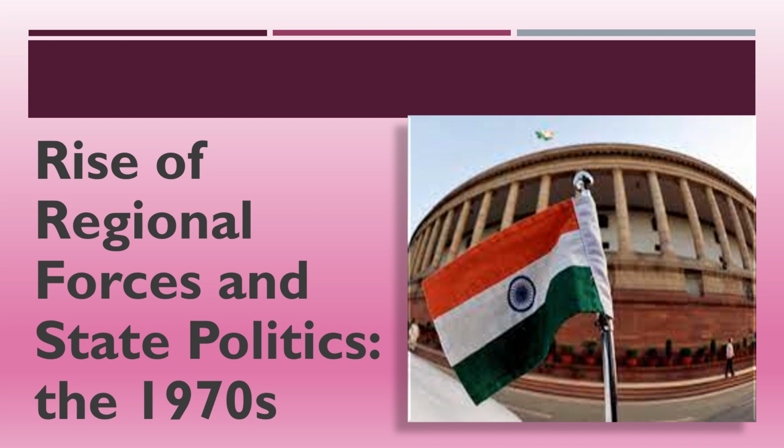One of the most significant features of state politics between the late 1960s and the 1970s had been the rise of the rural rich or the kulaks, especially in the areas which had witnessed the Green Revolution.